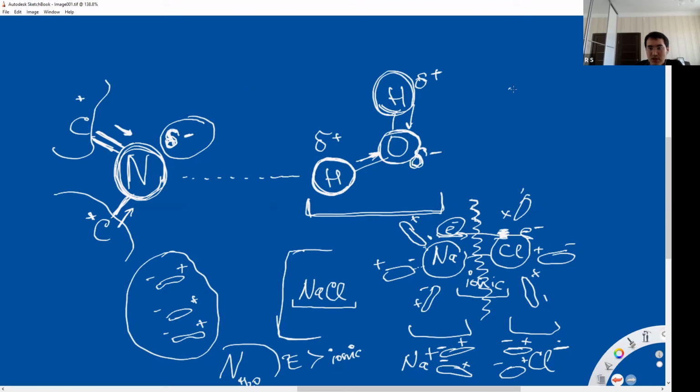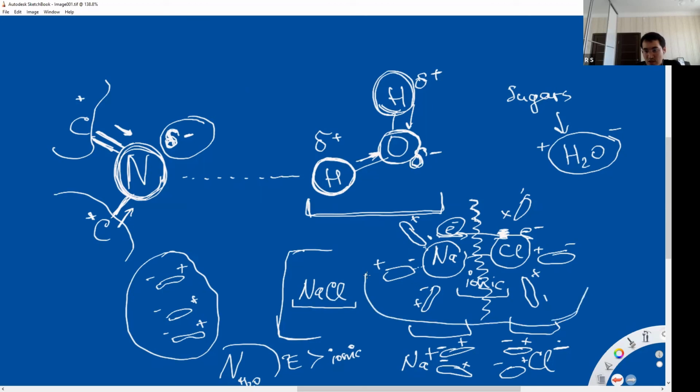So let's say you have sugars, and if you try to dissolve them in water, it is possible because of these hydrogen bonds, because they can do the same as shown here. So they tear these bonds, and these sugars just enter the solution in water.